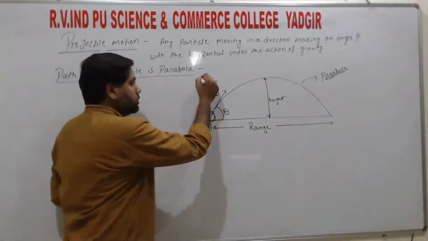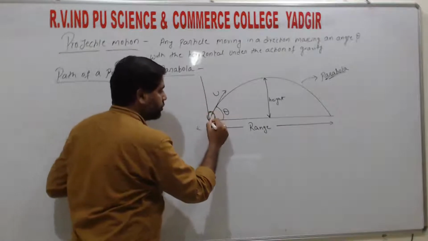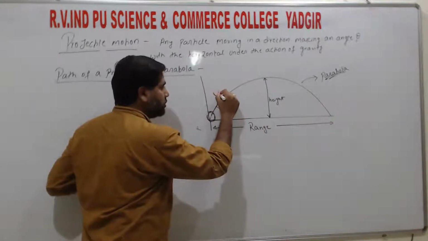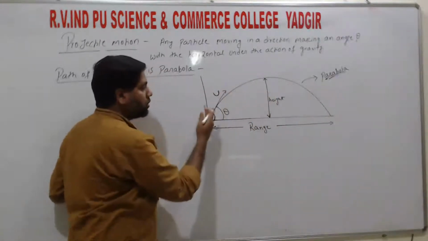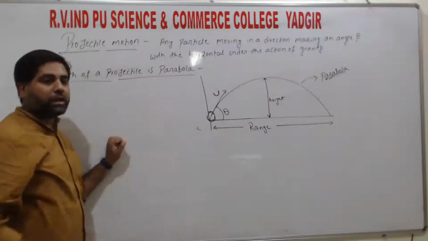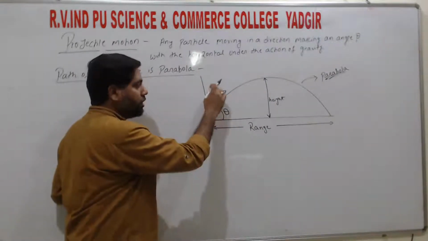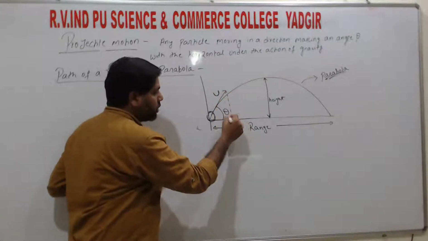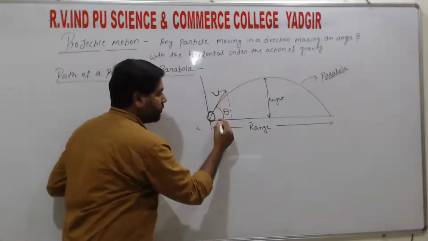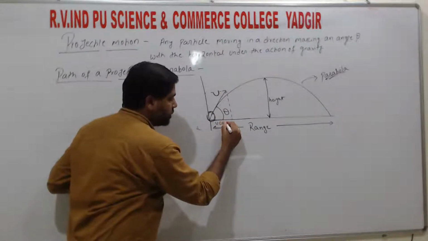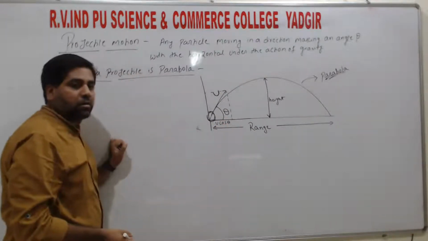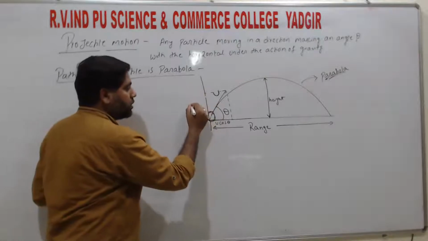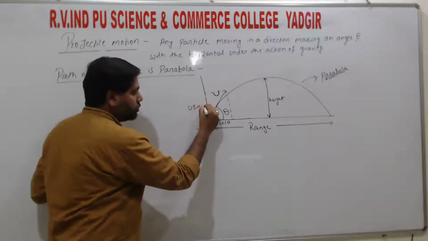Now, resolving this velocity along the horizontal component and along the vertical component: along the x axis we get the component of velocity u cos theta, and in the same way, along the vertical we get u sin theta.